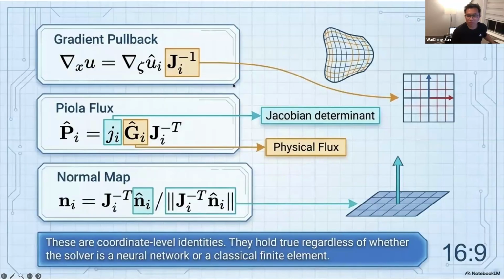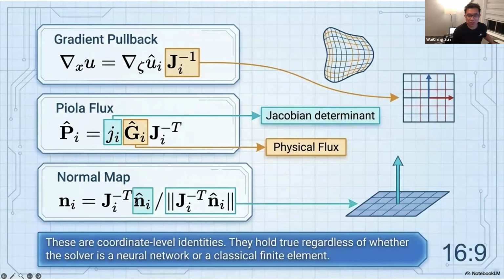So this is some of the detailed algebra, as you know from continuum mechanics. To establish the governing equation, a lot of the time we need to establish the pullback of the gradient and the polar flux, which tell us what the relationship is if we map it back and map it forward.